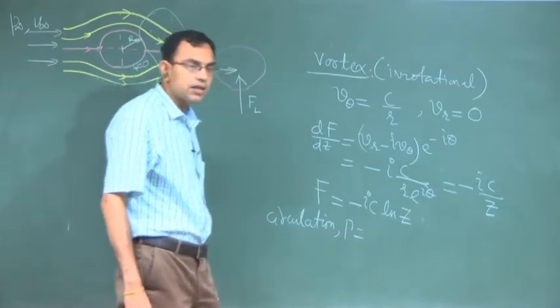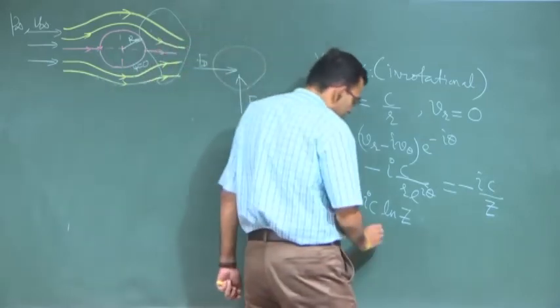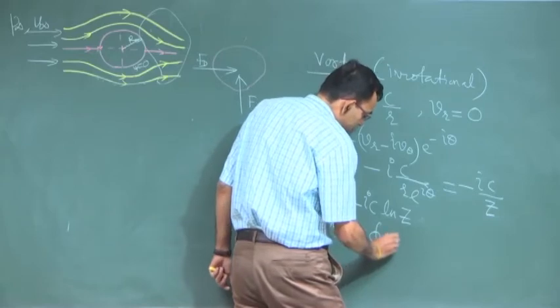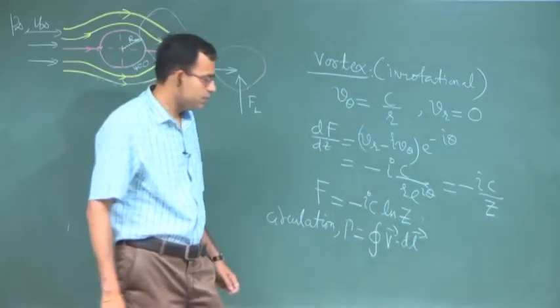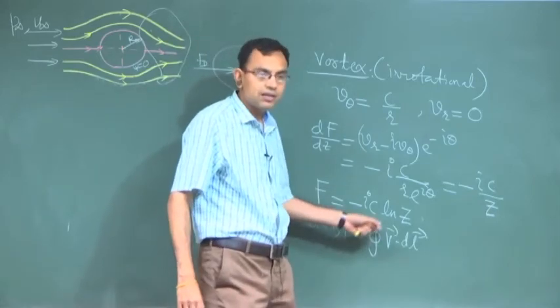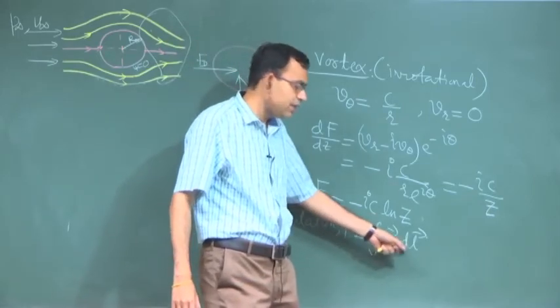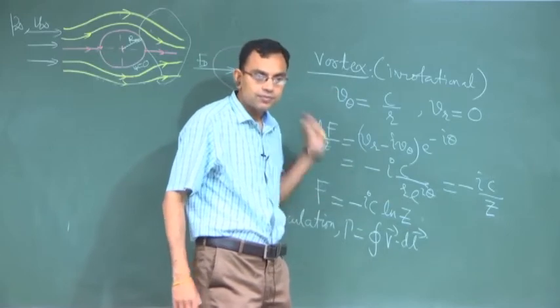How do you define this circulation? You define this circulation as the contour integral of V dot dl over a closed path.